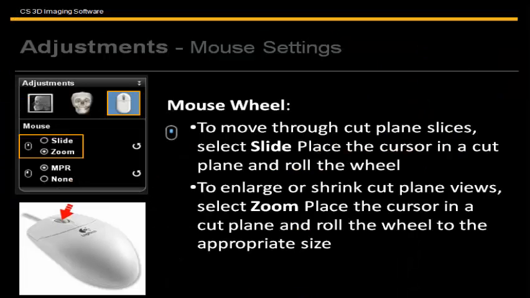Please note, you can click on Mouse Settings in the upper left under Adjustments to change the active setting for your mouse wheel. Choose Slide to use your mouse wheel to scroll slice by slice through any cut plane, and choose Zoom to use your mouse wheel to zoom in or out when scrolling.